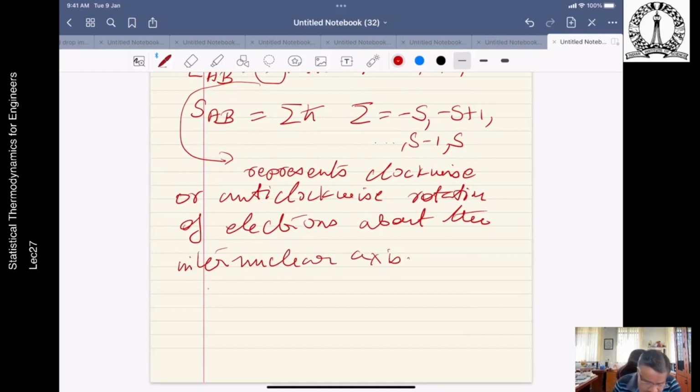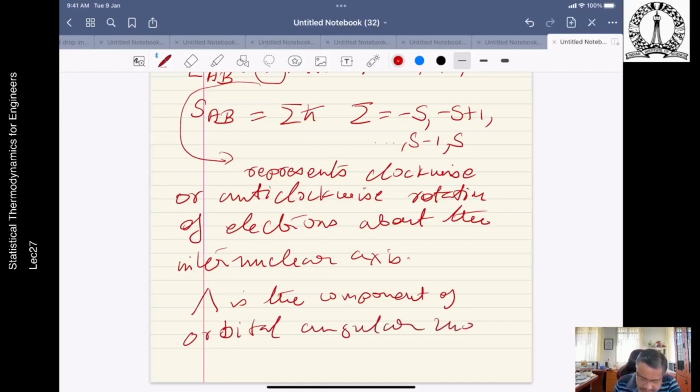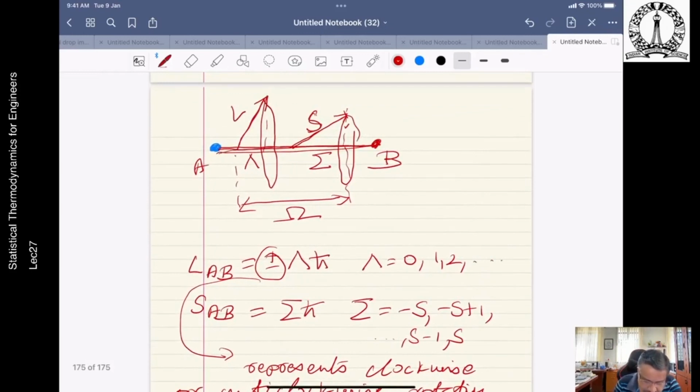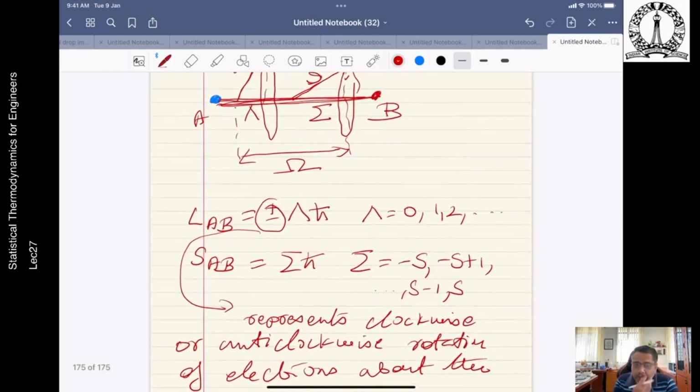So this is the component of orbital angular momentum about the axis AB, which I drew in this particular figure, along this axis.